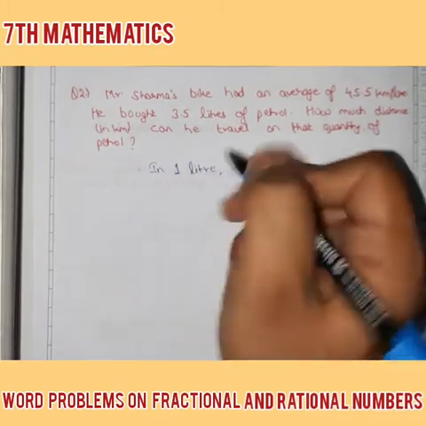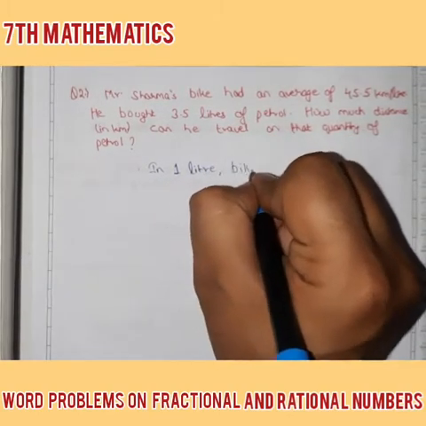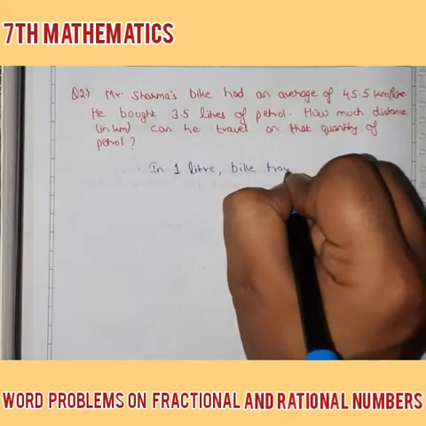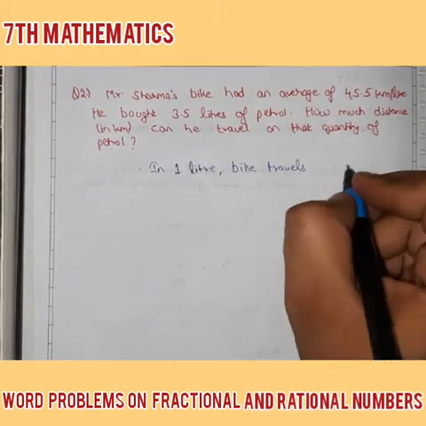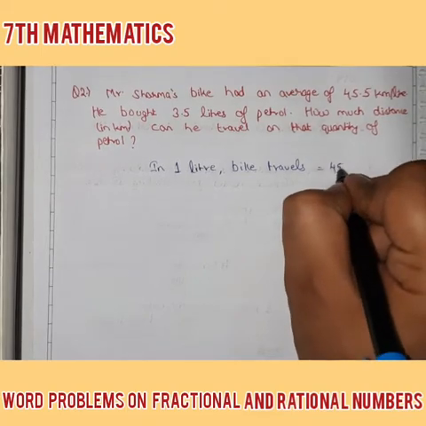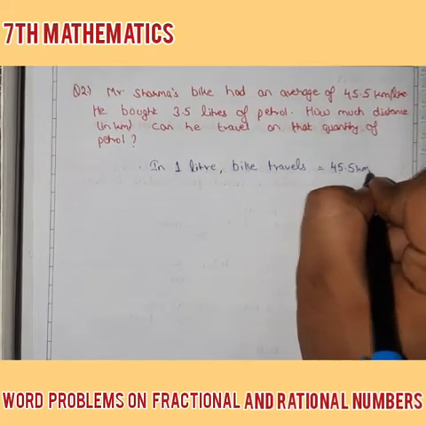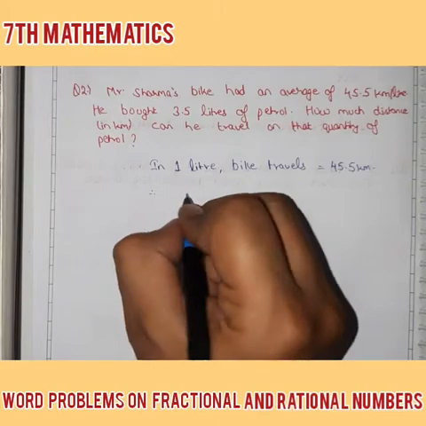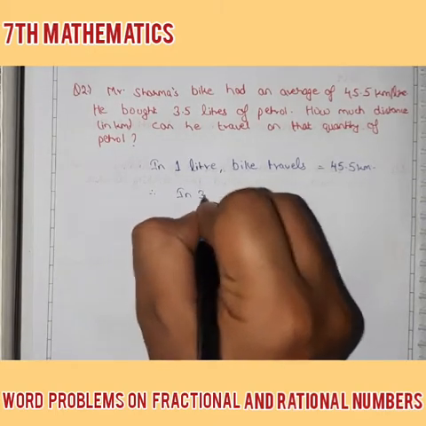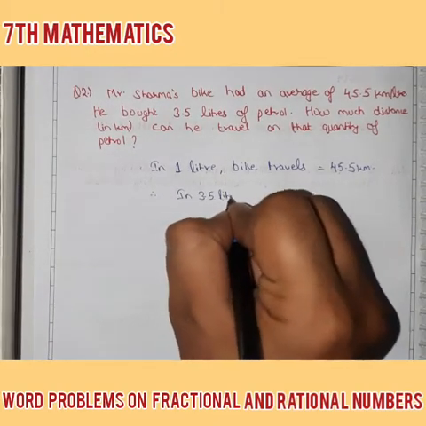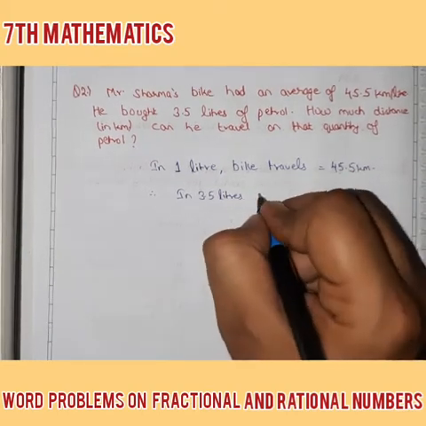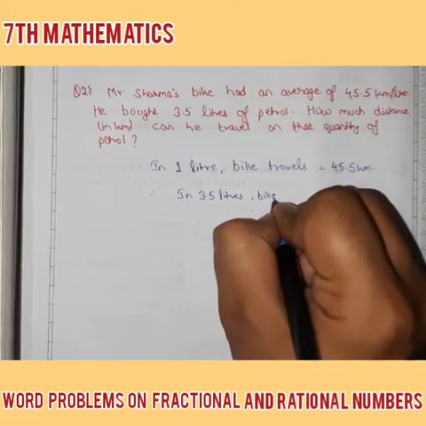In 1 liter bike travels 45.5 kilometers. Therefore, in 3.5 liters bike will travel how much?